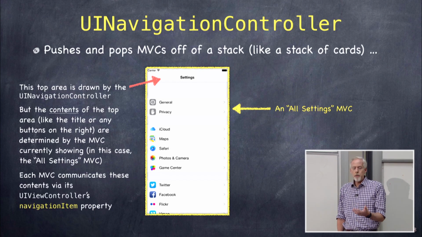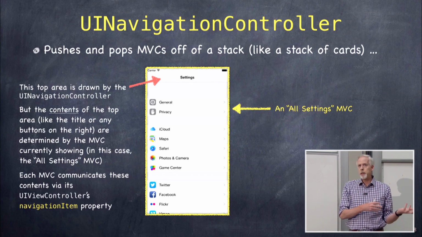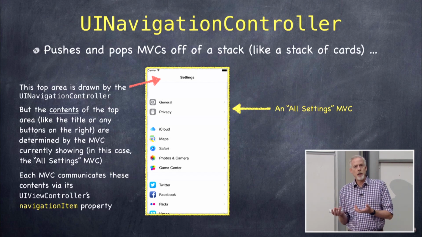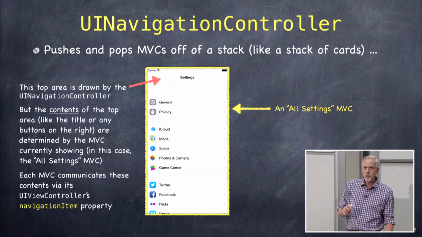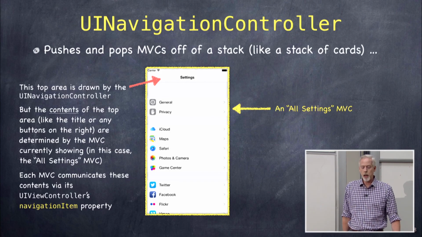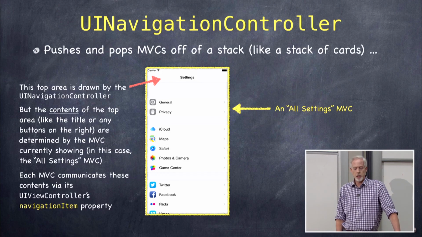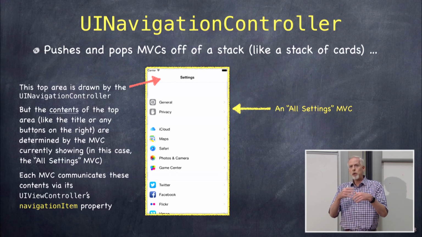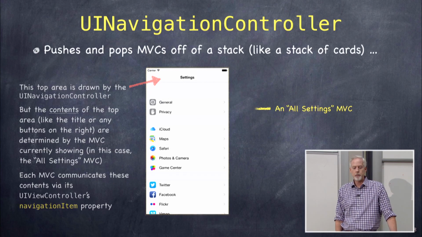And each MVC, similar with the tabBarItem in the TabBarController, there's a var in UIViewController called navigationItem. And that contains things like the title and other buttons that you can put in the title bar, all kinds of stuff. You're going to want to go look at the documentation for navigationItem and see what kind of things the navigation controller can do for you when your MVC is on top of the stack.